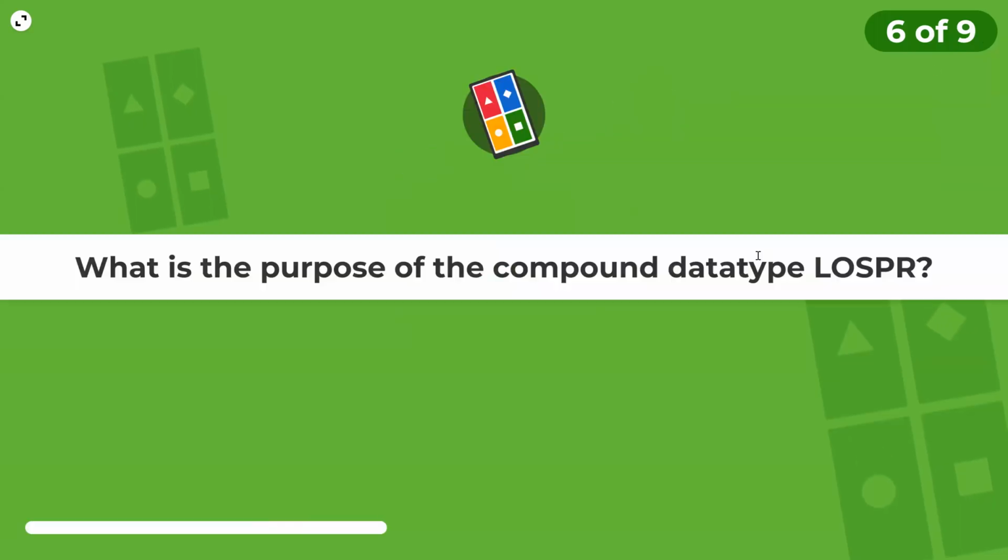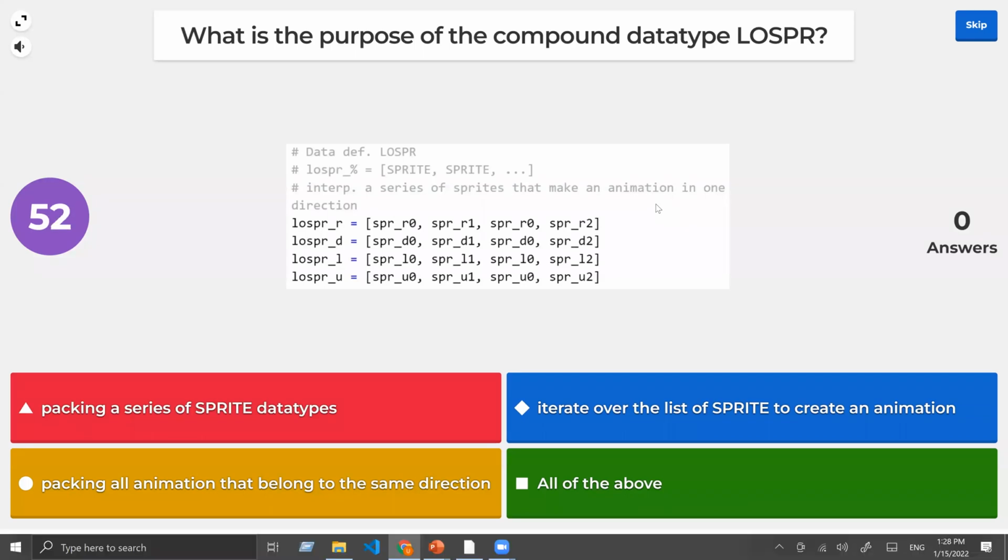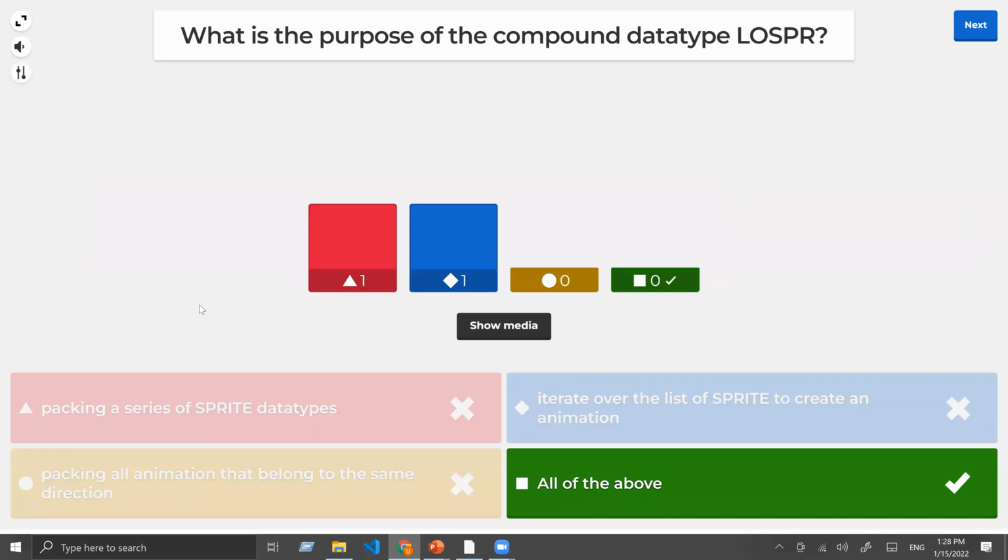Next question. What is the purpose of the compound data type list of sprites? The compound data type list of sprites. What is the purpose of this data definition? Red triangle, packing a series of sprite data types. Blue diamond, iterate over the list of sprites to create an animation. Orange circle, packing all animation that belongs to the same direction.